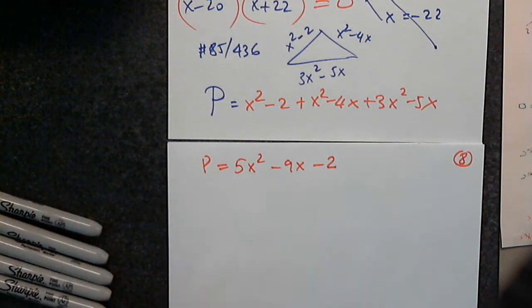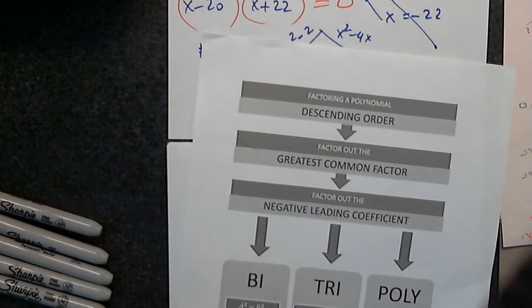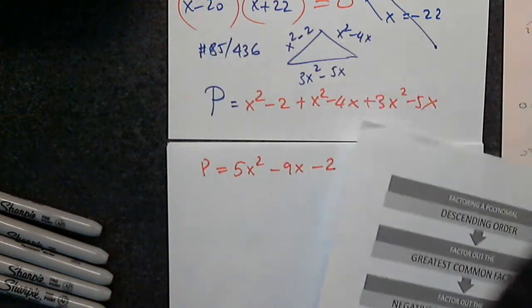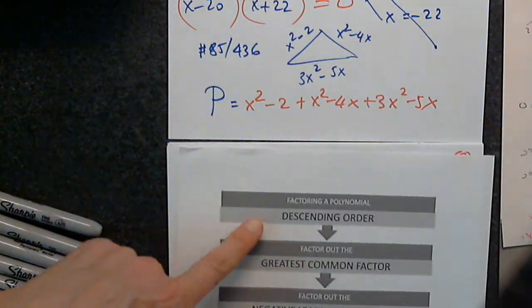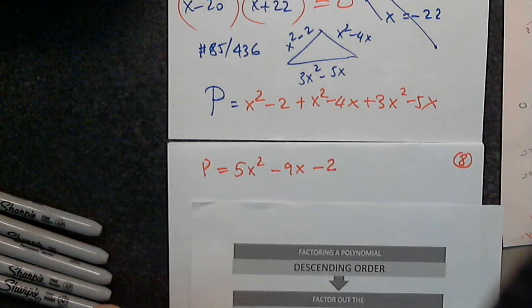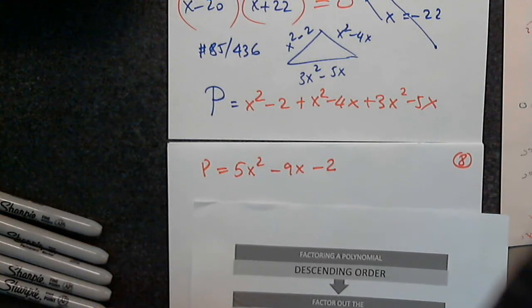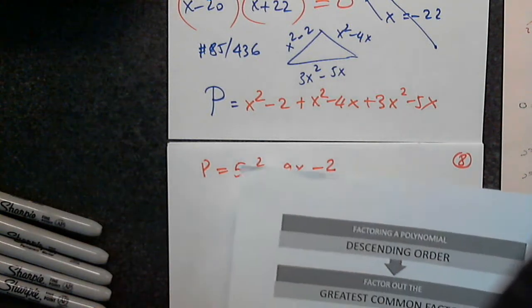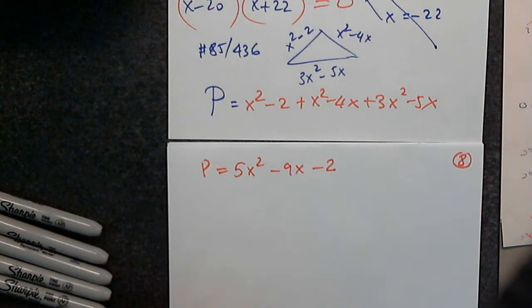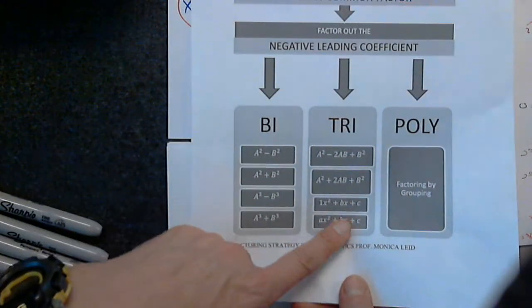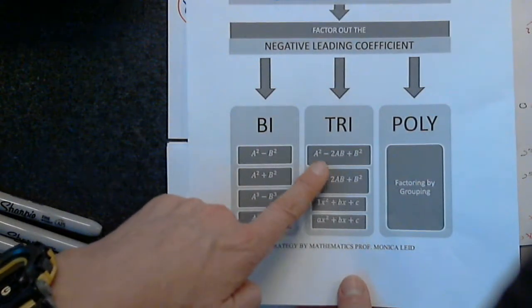So what do I do? Go back to my strategy. Yes, it's a trinomial. It's in descending order. Greatest common factor? No. Negative leading coefficient? No. So this is a trinomial. I'm checking special products.